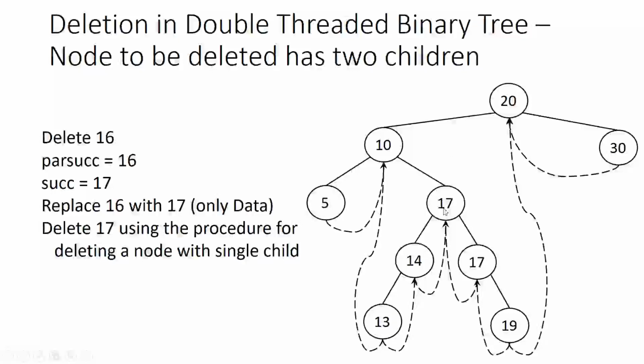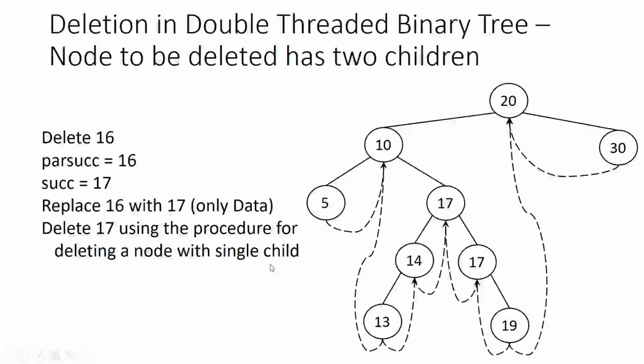Now this 17 is different and this 17 is different. Okay. Because in this node 16 is replaced with 17 data only. What do we mean by replacing data only? That is, we are not modifying any threads actually. Okay. So now delete 17 using the procedure for deleting a node with a single child.